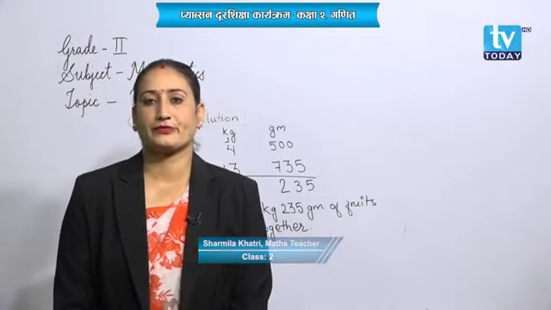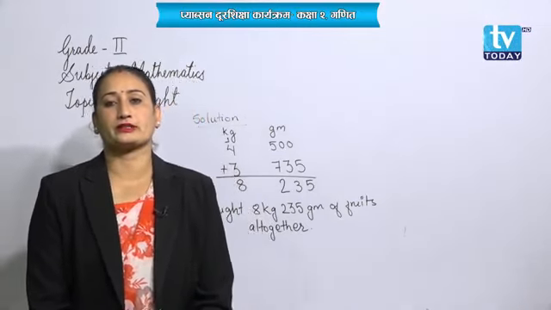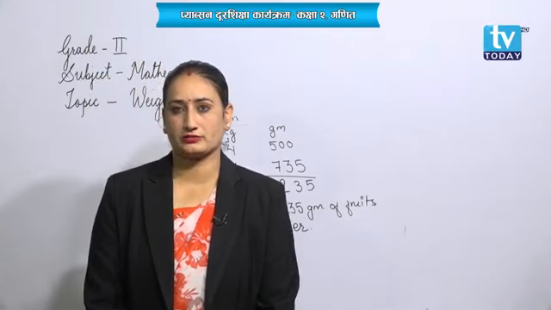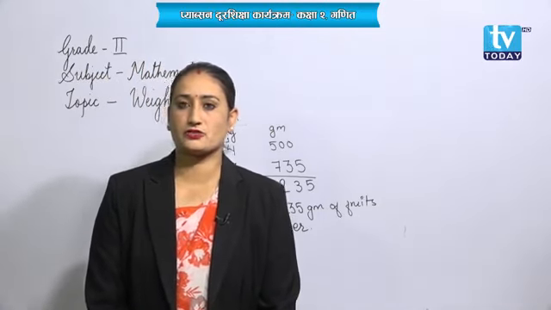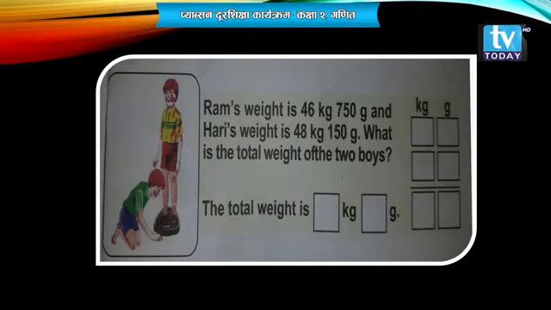Okay students, let's have a look at the next question. What is the next question given over there? Okay, Ram's weight is 46 kg 750 gram and Hari's weight is 48 kg 150 gram. What is the total weight of the 2 boys? Once again, read the question properly.